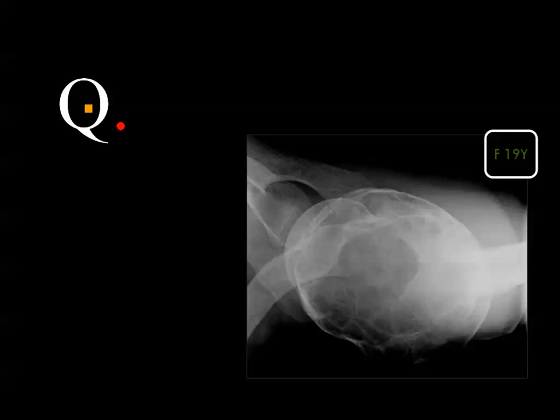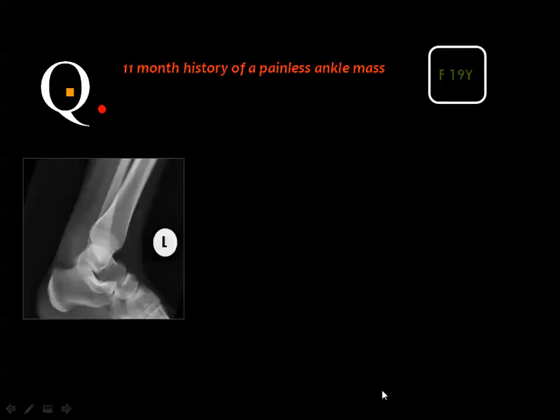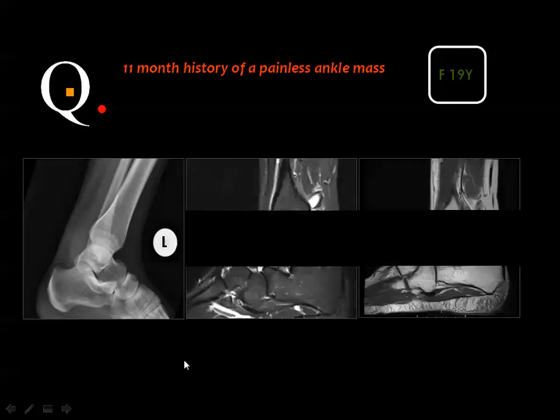X-ray of the left shoulder showing this bubbly lesion in the proximal humerus, diagnostic of aneurysmal bone cyst. X-ray of the ankle in a female patient, 19 years old, with 11 months history of painless ankle mass. Fusion.